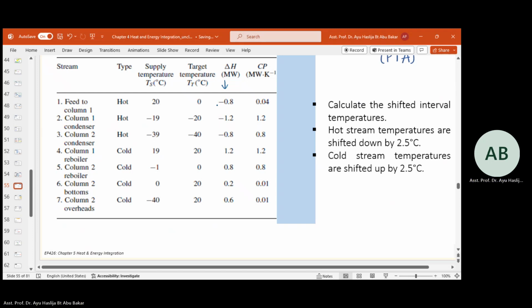Delta H negative means what? Heat supply or heat sink? Heat supply, negative. If positive, what does it mean?